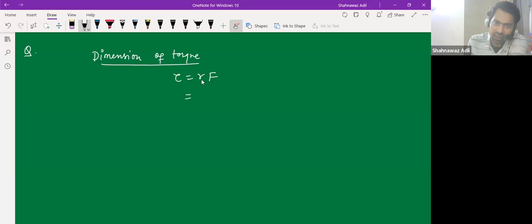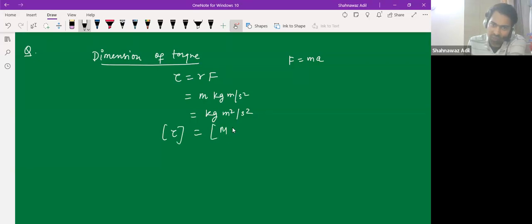The dimension of R is distance, so this is meter, and force is mass into acceleration, right? Mass is kg, acceleration is meter per second square. So this is kg meter square per second square. So the dimension of torque would be M L square T minus 2.